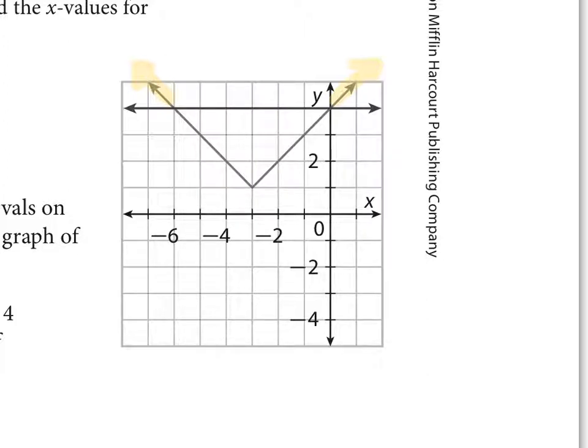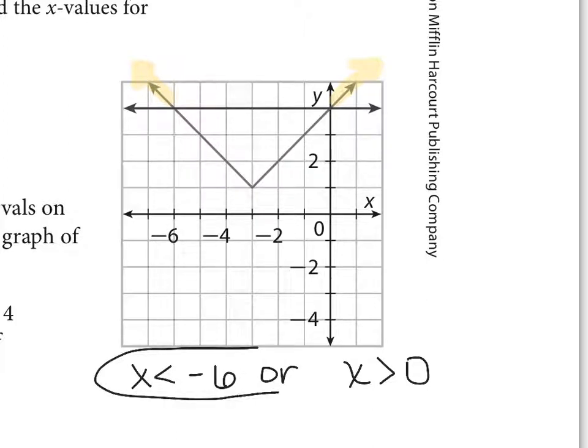Looking at the area that I highlighted, I want the x values for those intervals. So I can write the right side where x is greater than 0, and I'll put an or symbol here. And on the left side, it is when x is less than -6. This is our solution for the absolute value inequality.